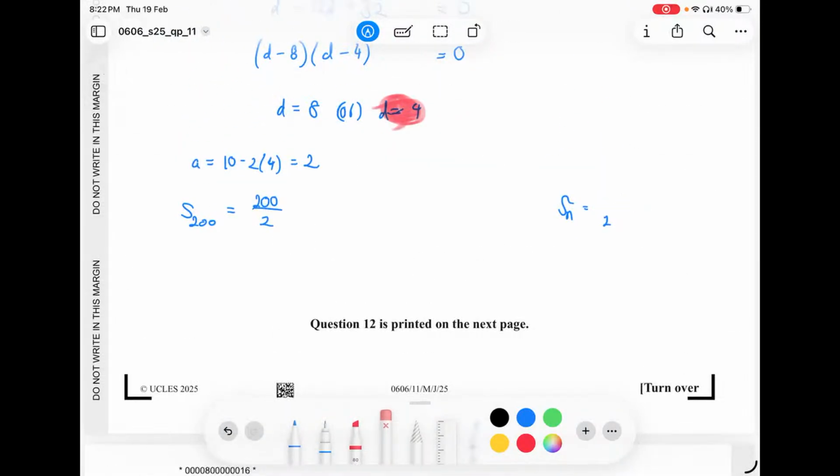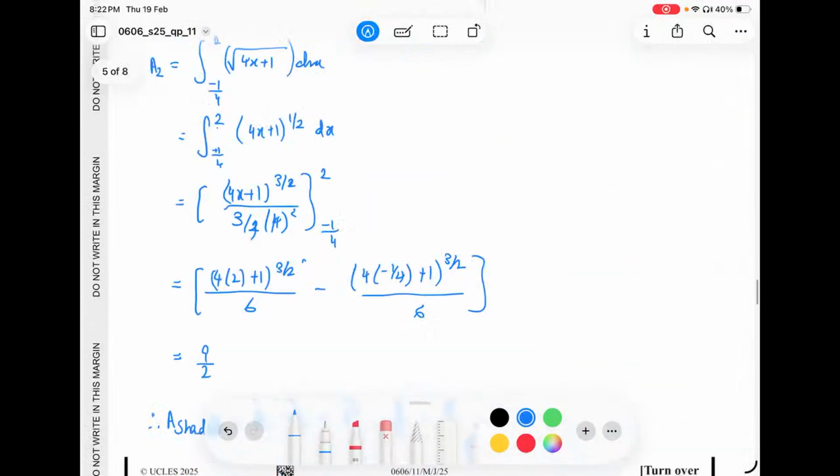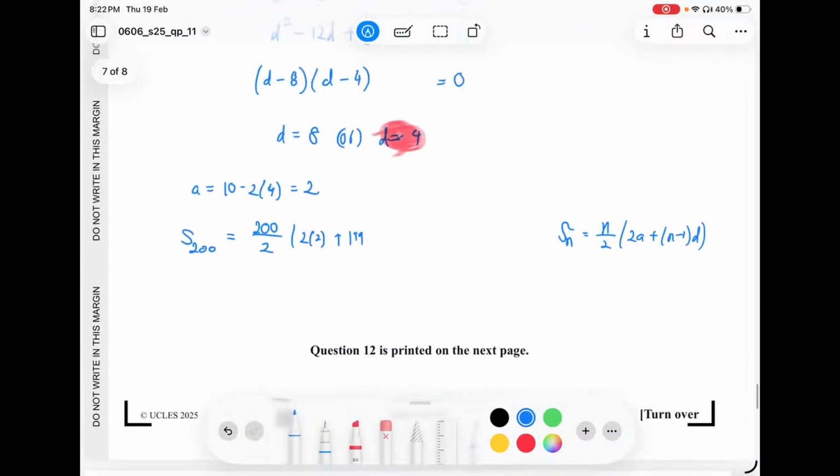So you write 200 by 2, 2 times a, you got as 2, plus n minus 1 is going to be 199 times the 4, which is the smaller value of D. And then you just calculate, you will get an answer of 80,000.